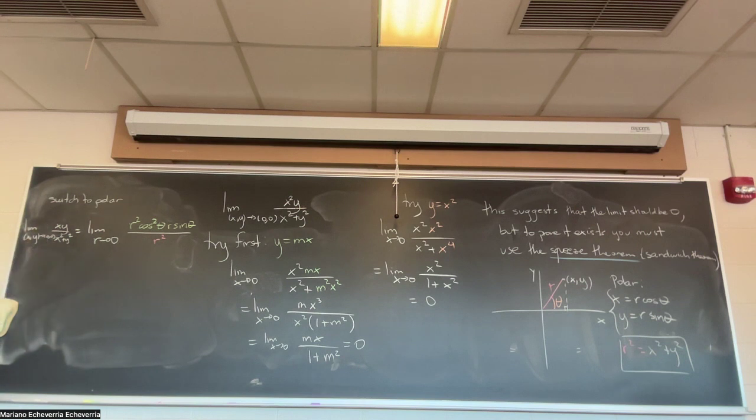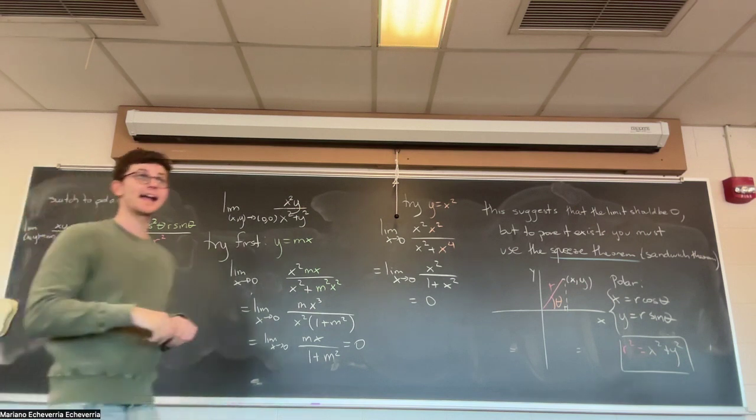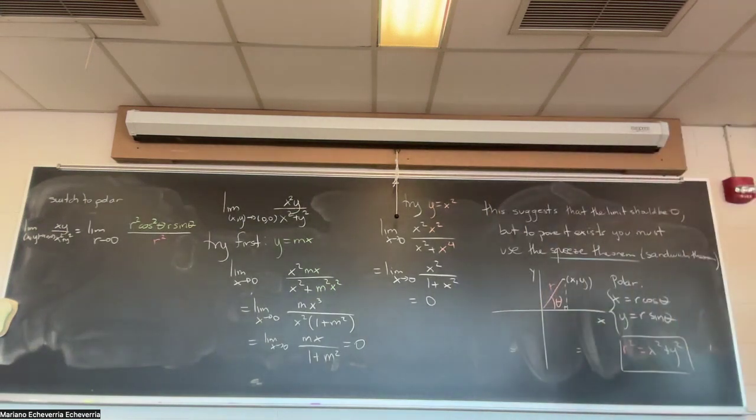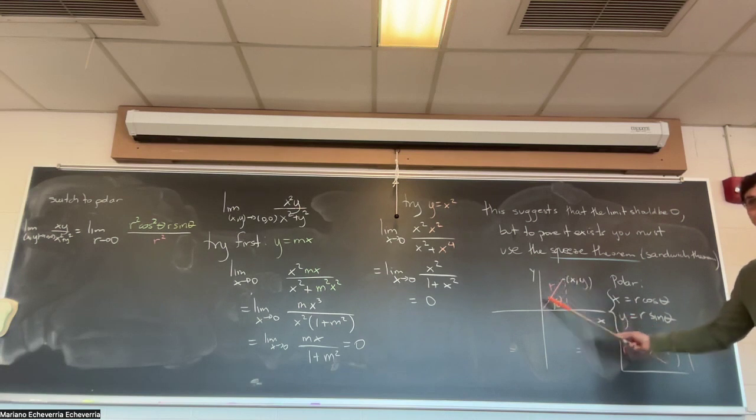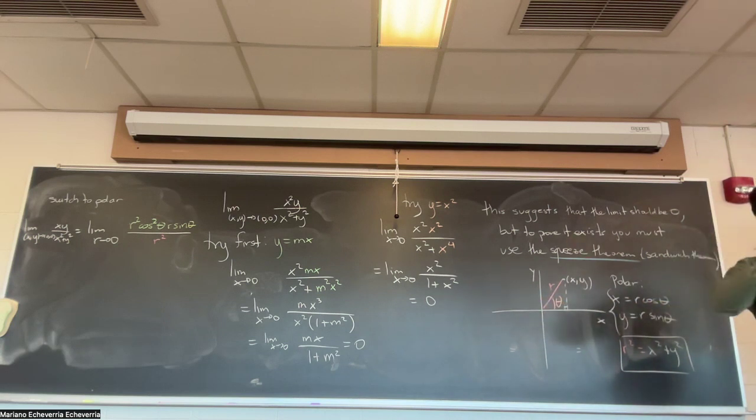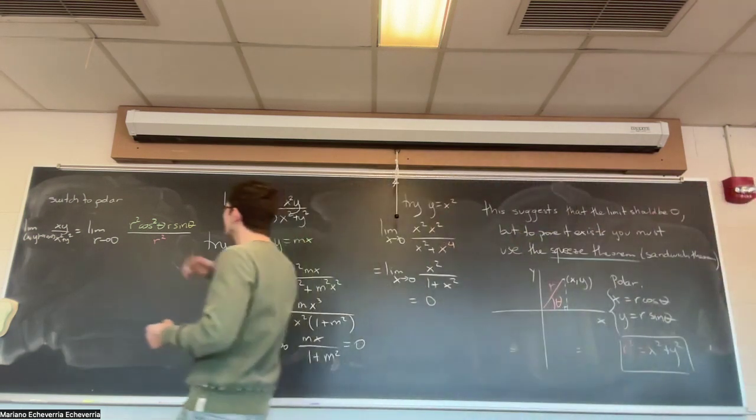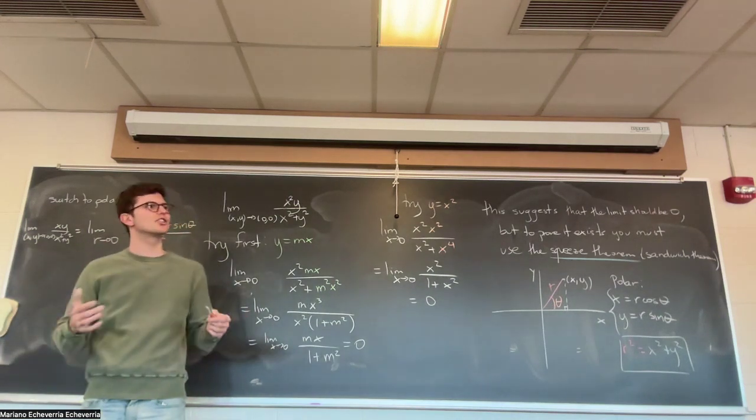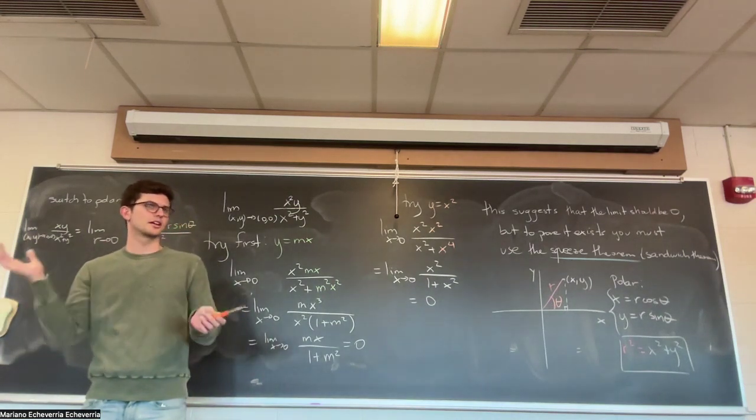So that's the important thing. But what is theta? Theta is the angle, right? The problem is that you cannot really say anything about how the angle is behaving. For example, if you move this way, it looks like the angle is pi over 4. If you move this way, the angle would be 0. You could also be spiraling down towards the origin. So theta could be changing constantly in value as you approach the origin. Theta does not necessarily approach a specific value.